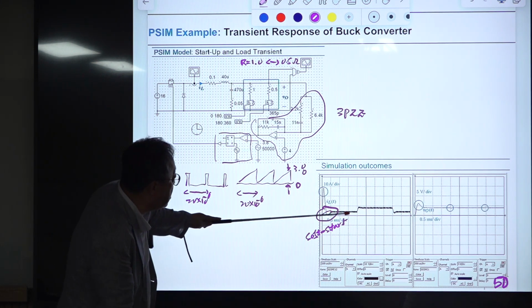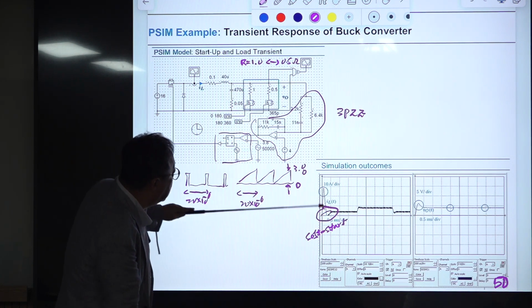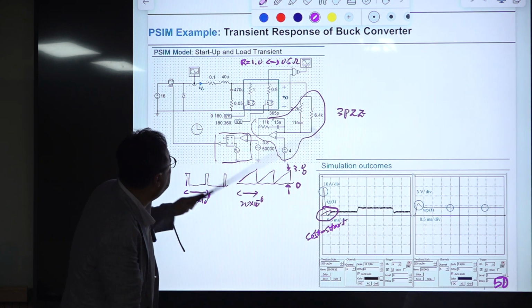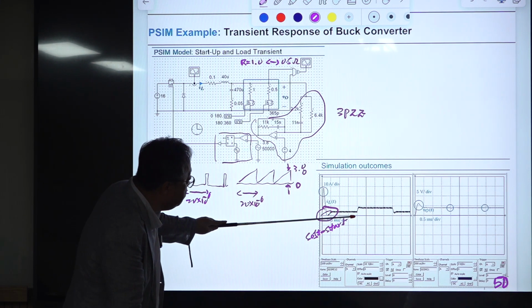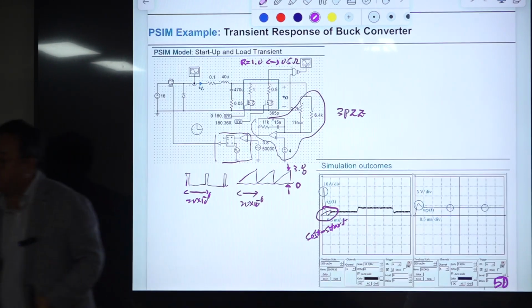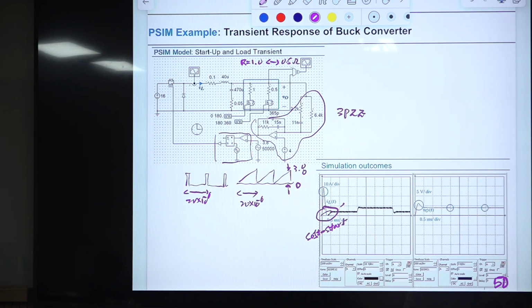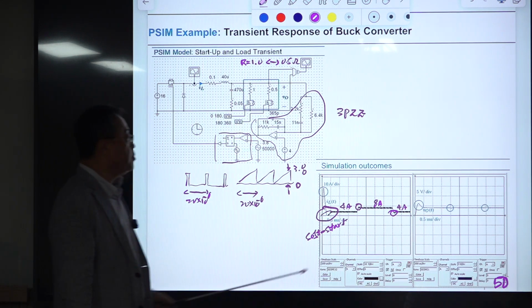Then this IR current is the load current, and this is 1 ohm. No, this is 4 amp, 8 amp, something like that. So this is 4 amp, 8 amp, 4 amp, okay? During this period of time, there is a small overshoot and undershoot. This is our voltage, okay?